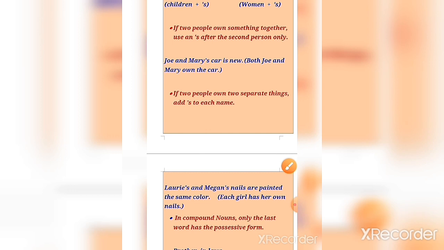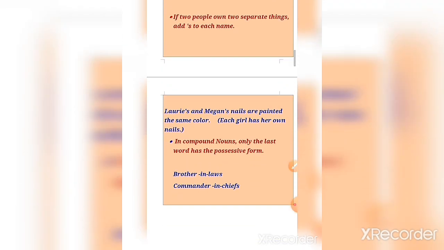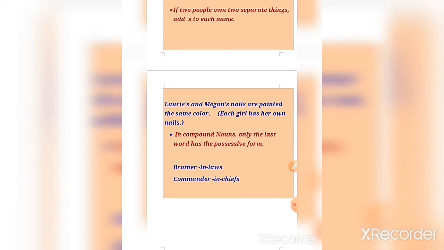If two people own separate things, add 's to each name. See how Laurie's and Megan's nails are painted in the same color.